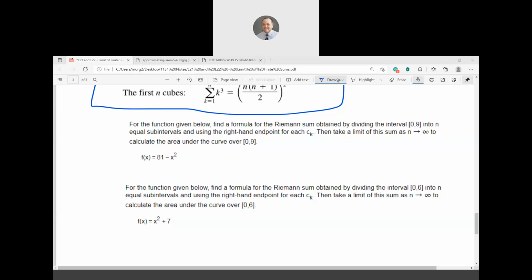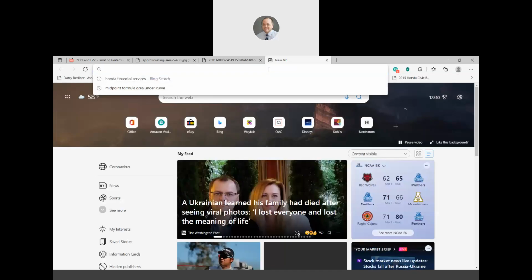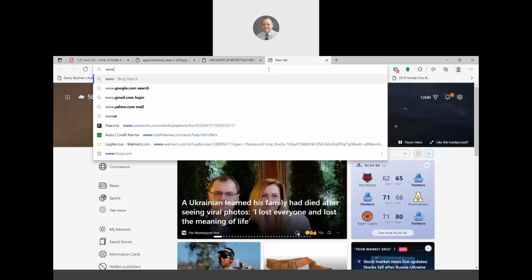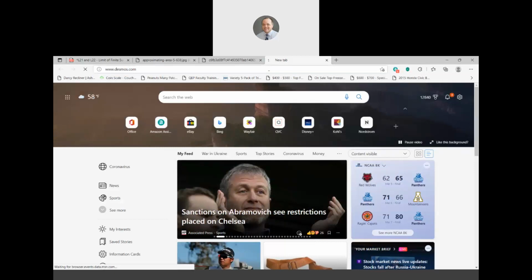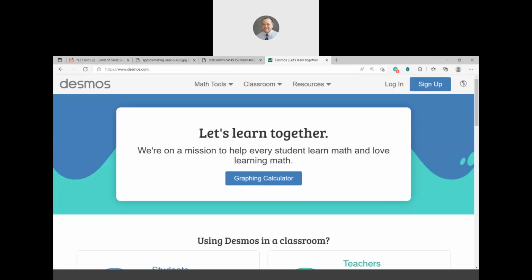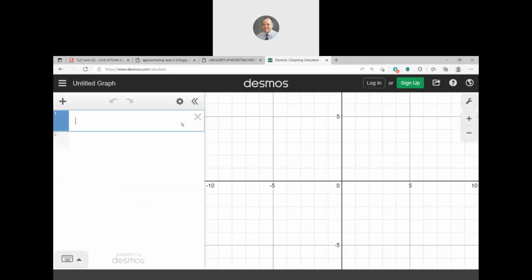It's also good, if you're not given a graph, to go on Desmos and get a graph. So let me go on Desmos and type in our function.